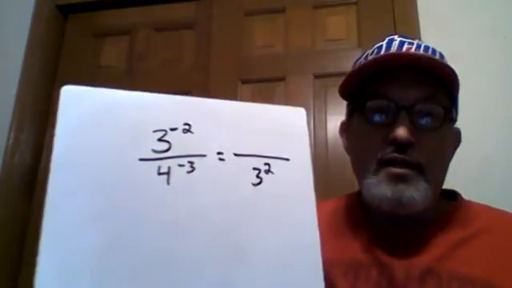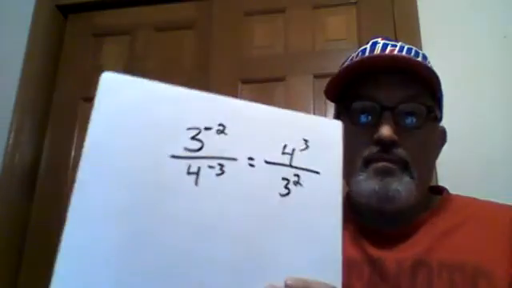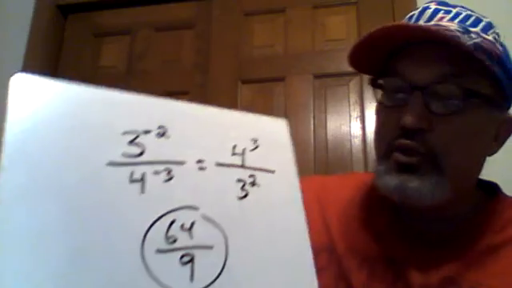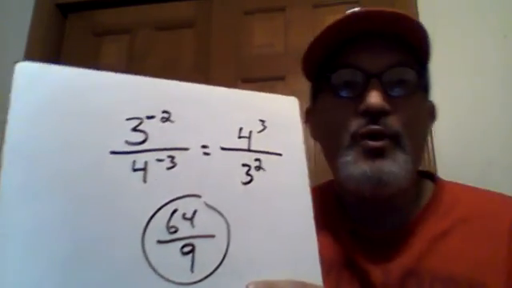And 4 to the -3 is equivalent to 4 to the 3rd in the numerator. That's how it works. 4 to the 3rd is 64. 3 squared is 9. So this crazy thing here, 3 to the -2 over 4 to the -3, is equivalent to 64/9. We'll leave it at that for now.